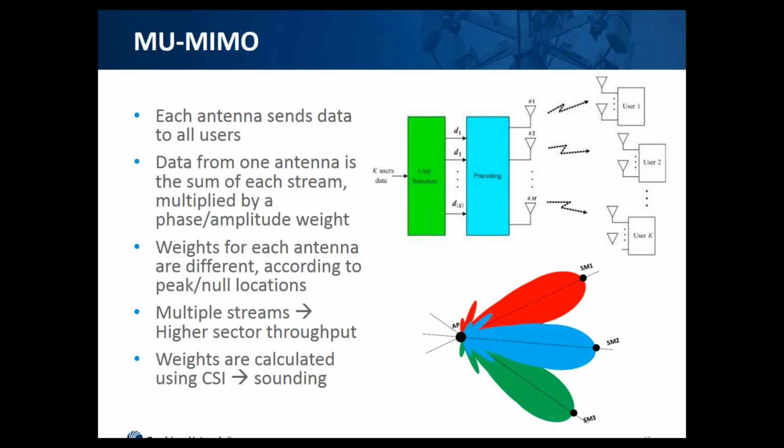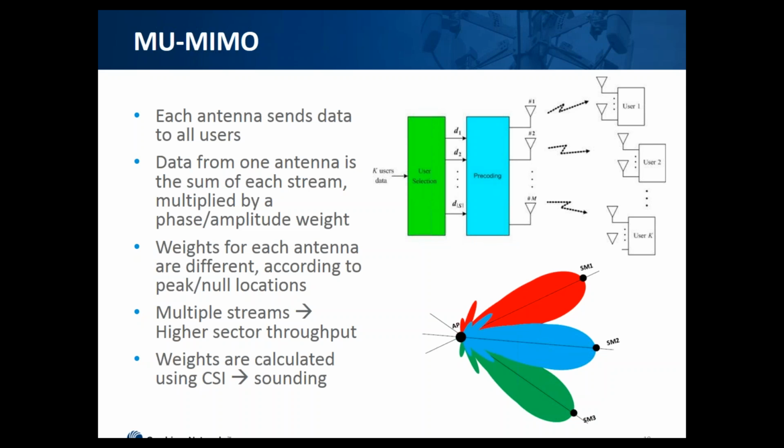This means that the data that, for example, the blue beam sends to user 2 is deeply attenuated in the direction of users 1 and 3. Users 1 and 3 are, however, in the direction of the beam carrying their own data, which can be received without significant interference from the other beams. So the first thing to remember about MU-MIMO is that we do not have one antenna talking to one user, another antenna talking to another user, and so on.